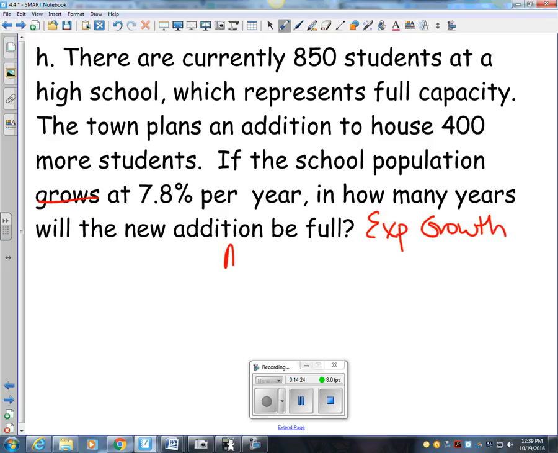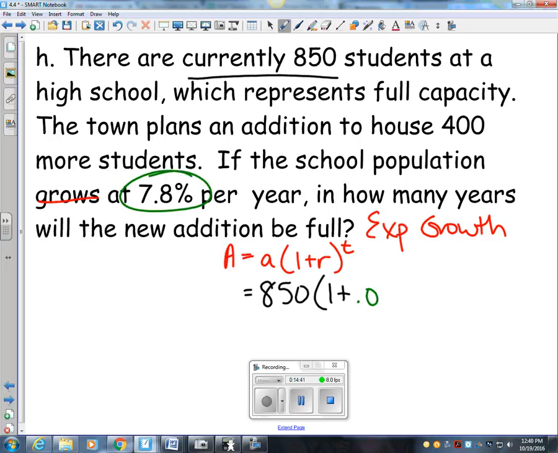So we're going to use A equals A(1 plus r) to the t. So there are currently 850 students, so that's your starting amount. 1 plus, the rate is right here, so that would be 0.078. t, does it say anything about how many years? No, that's what it's asking for, so we put a t.